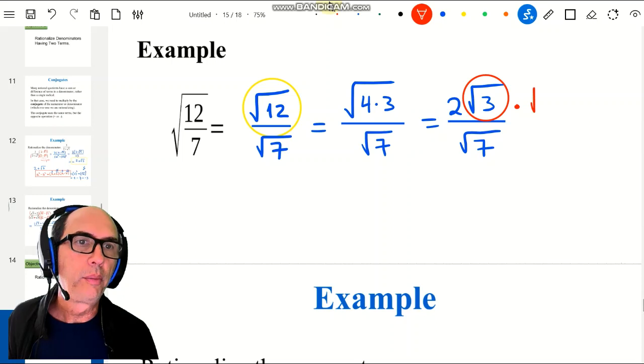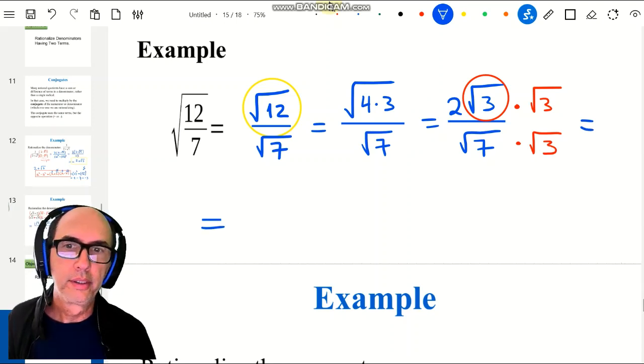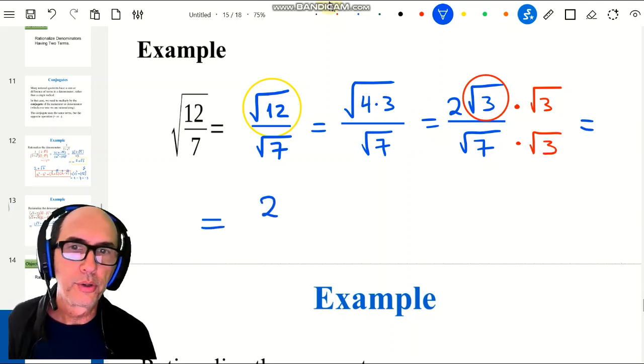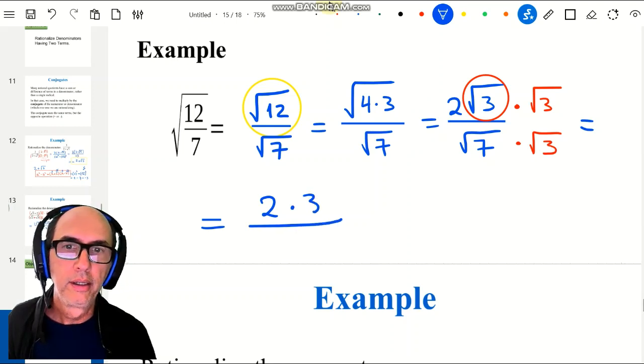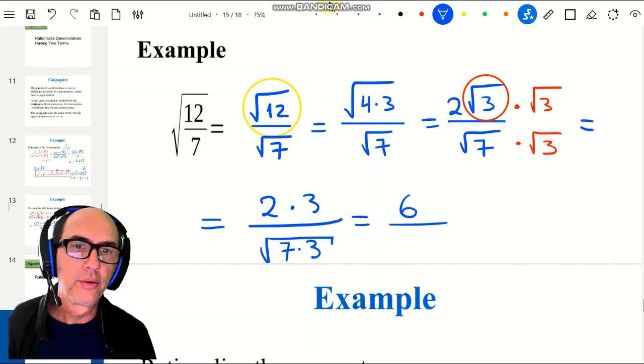Multiply both the top and the bottom by square root of 3, and then you have 2 times square root of 3 times square root of 3 is 3 over square root of 7 times 3 on the bottom. That's 6 over square root of 21.